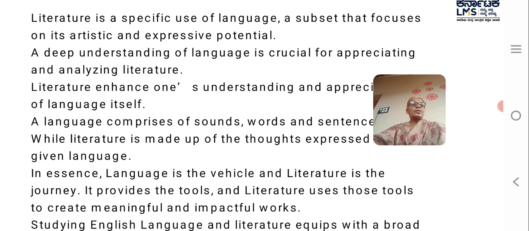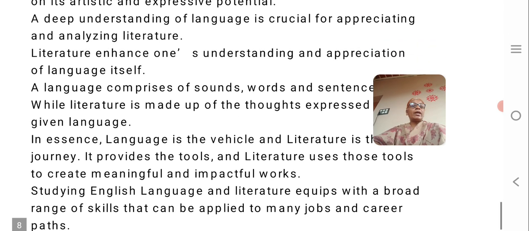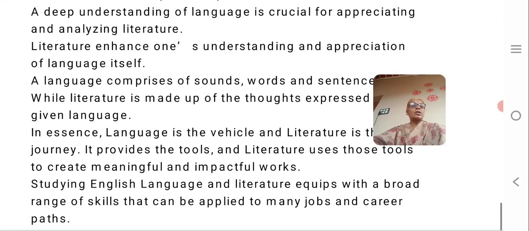Language comprises sounds, words, and sentences, whereas literature is made up of thoughts expressed with the help of that language. So, language is a vehicle and literature is the journey. Language provides the tools, whereas literature uses these tools to create meaningful and impactful works.